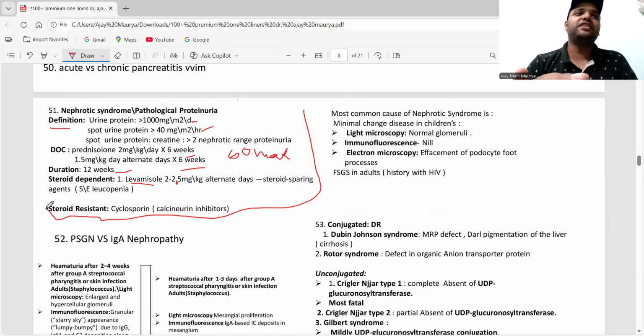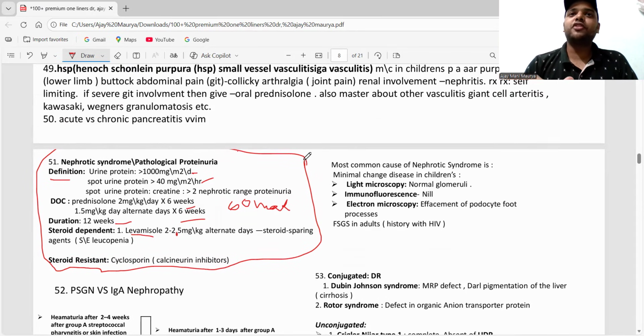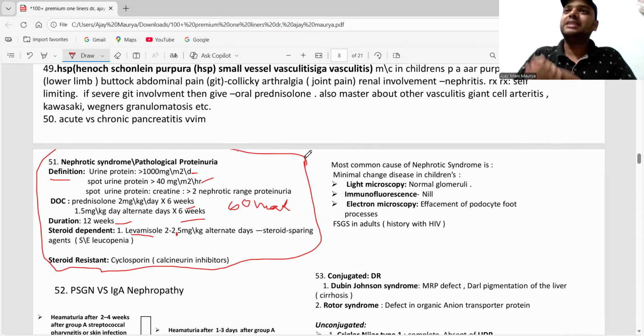These are very important. Tell me, what is the most common cause of nephrotic syndrome? In children, it is minimal change disease. What about in adults?